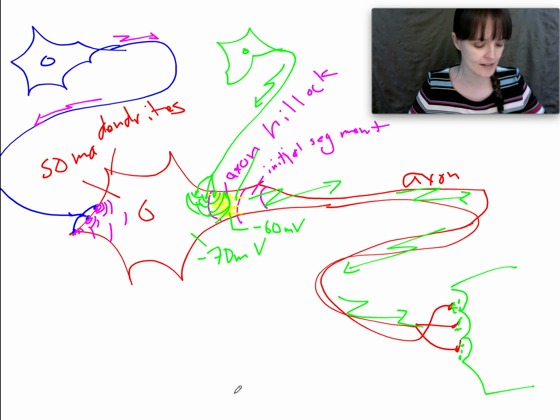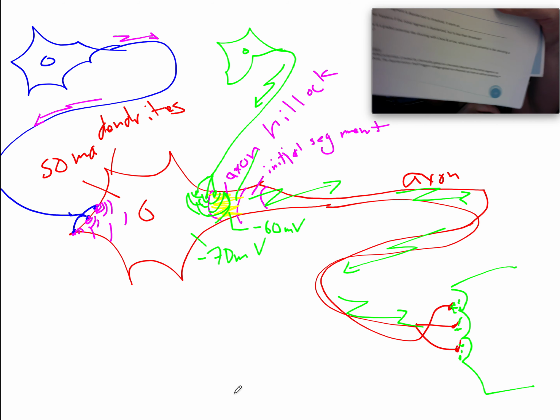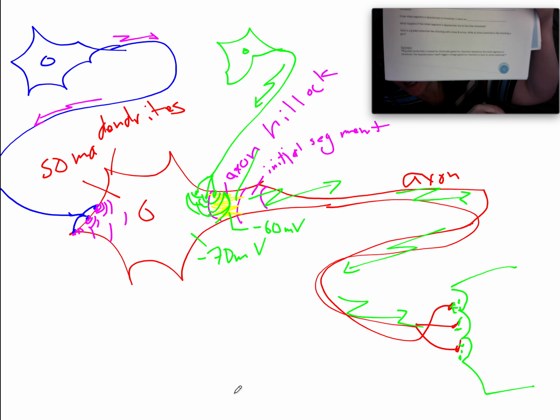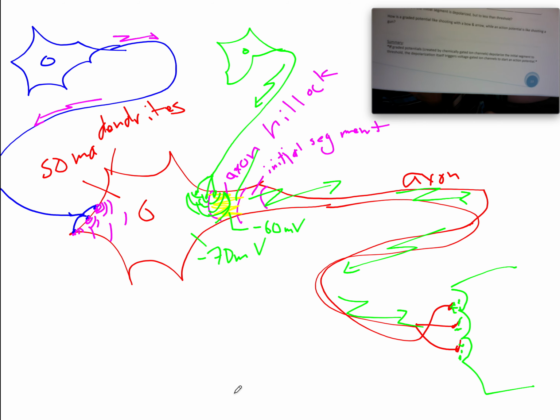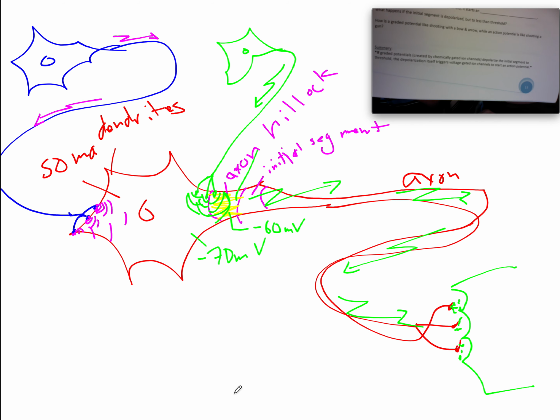Now that we've drawn all that, let's go back to our summary at the bottom of the page. If the graded potentials created by chemically gated ion channels, so that's from the blue cell and the green cell, depolarize the initial segment to threshold, the depolarization itself triggers the voltage-gated ion channels to start an action potential.